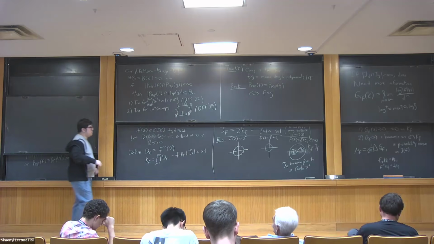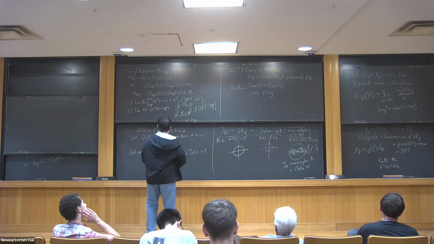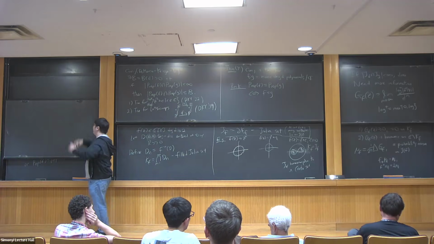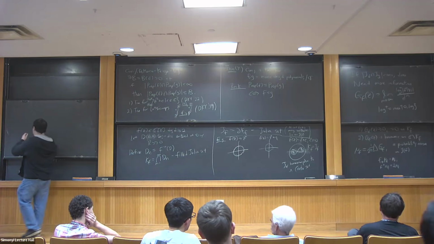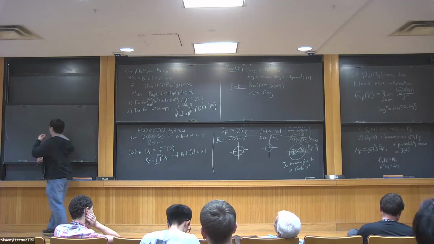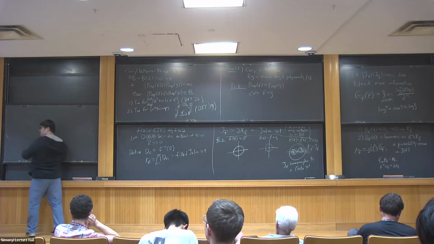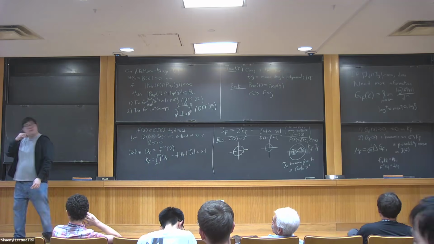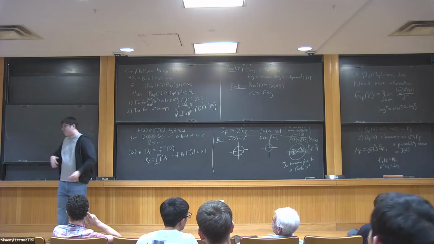Okay, so now we have to use some arithmetic dynamics or maybe potential theory. The key observation is equidistribution of the orbit. Yes, exactly, that's what I'm going to state. But you have to assume it lies over Q bar.